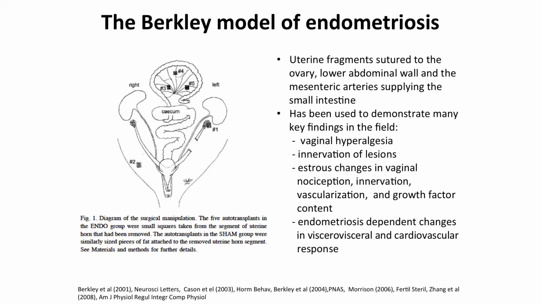And this model is being used to demonstrate many key findings in the field, including vaginal hyperalgesia, innervation of lesions, as well as estrous changes in vaginal nociception, innervation, vascularization, and growth factor content.